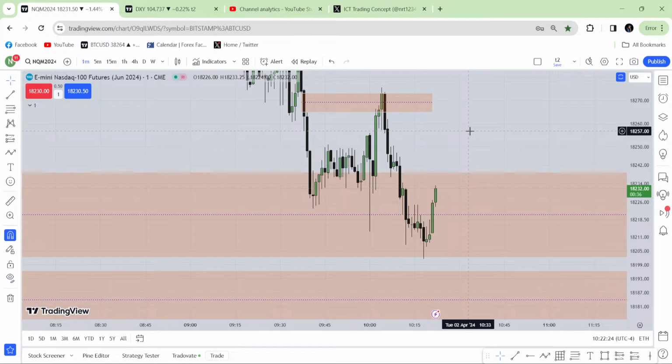One minute fair value gap, looking good for a runner. Captured 10 handle. Congratulations, Ben.